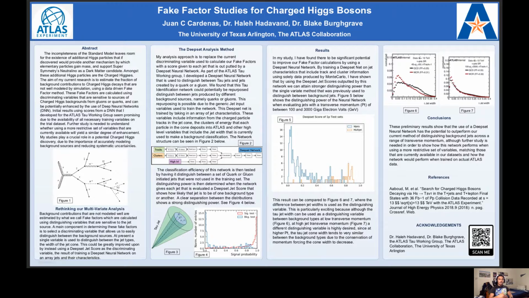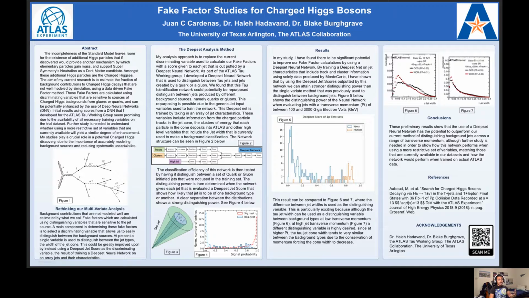And so once the network can accurately determine jets of different kinds, it is then tested on a set of jets that it's never seen before, and each jet is given a score between 0 and 1. And if there is a nice separation in the score distribution, as you can see here, then you can tell the network is doing a good job at classifying.